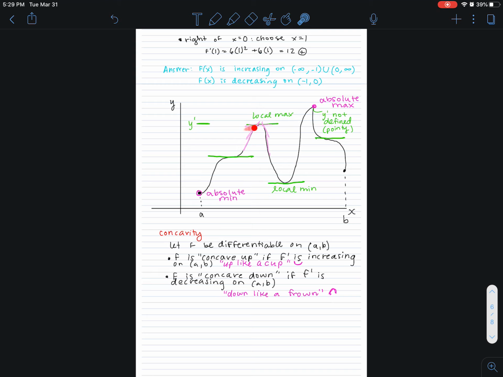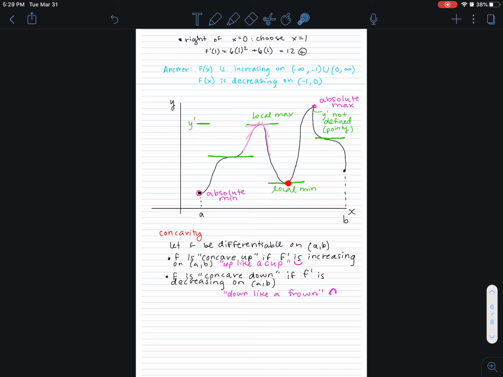It's not quite as steep, and it flattened out until it was 0, so it went from a positive slope to 0, and then to a negative slope, and it's a somewhat negative slope here, and then it's a very steep negative slope here. So that's what it's saying when f prime is decreasing. My slope is going from more positive to more negative.